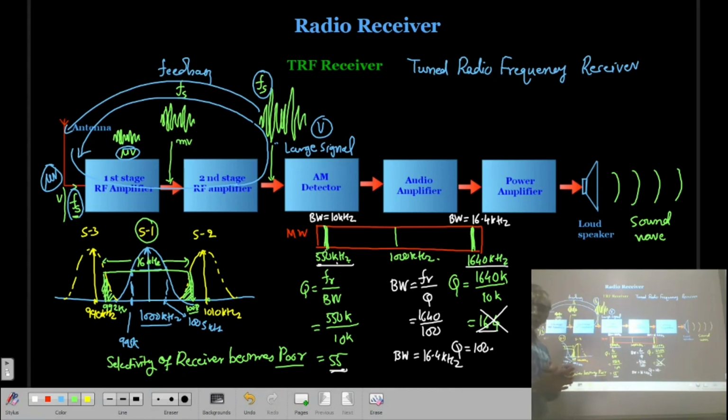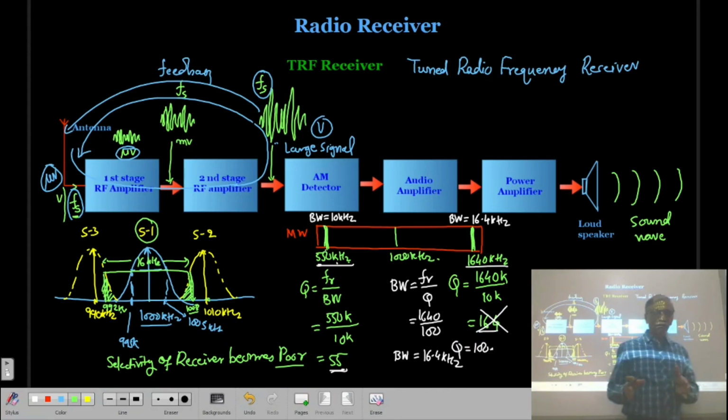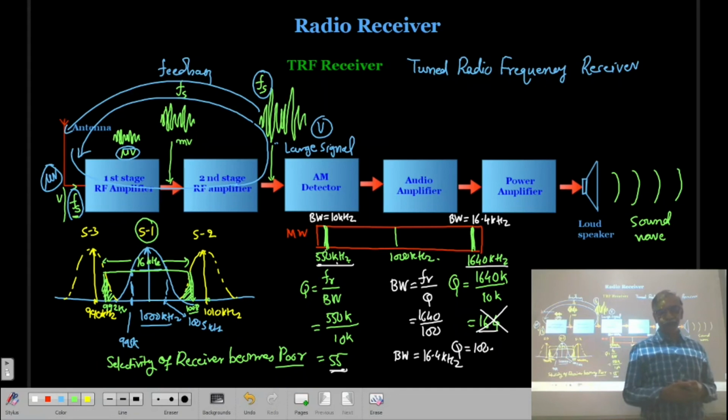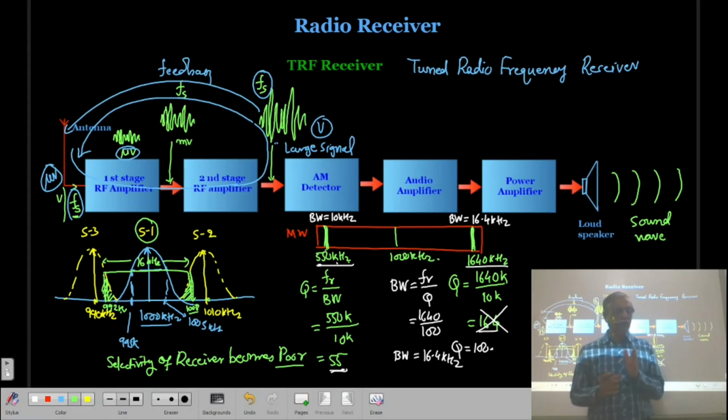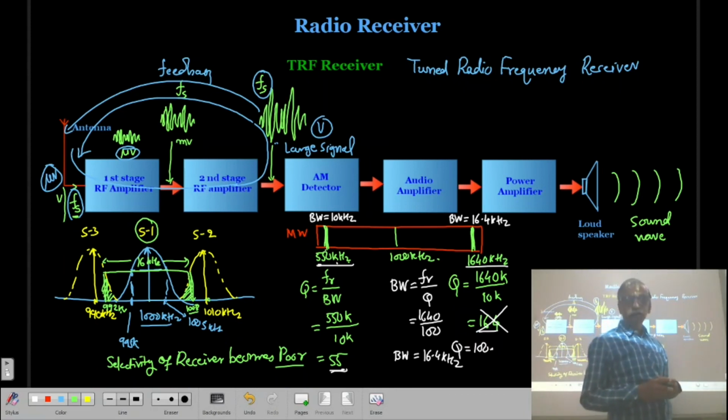Means instead of receiving only 1000 kilohertz, it will receive the information from 1010 kilohertz. It will receive the information from 990 kilohertz also. So here a single frequency is not amplified, but other information also enters the radio receiver, and you can listen to 2-3 transmitters at a time whenever the selectivity is poor.